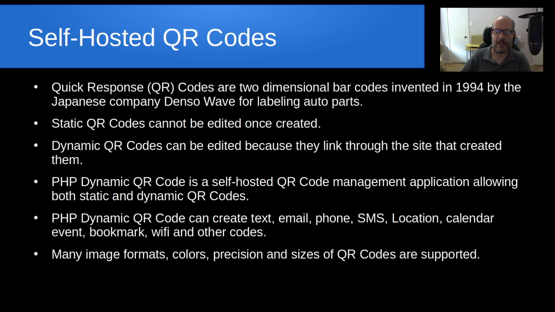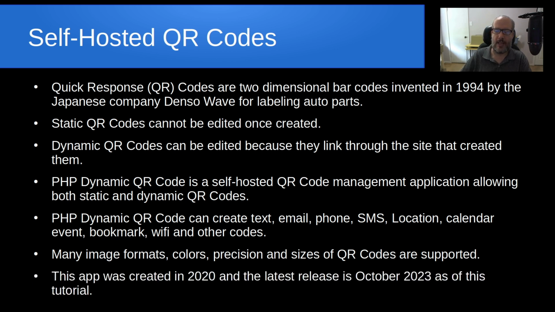In addition to that, they have lots of different colors, resolutions or precision, and sizes of the actual QR codes. All of these are supported and selectable through the program, as we'll see. And then this app was created in 2020, and the latest release is October 2023 as of this tutorial, really only about 2 weeks ago. So this is a currently supported application. So let's go take a look at how to self-host our own QR code generator.